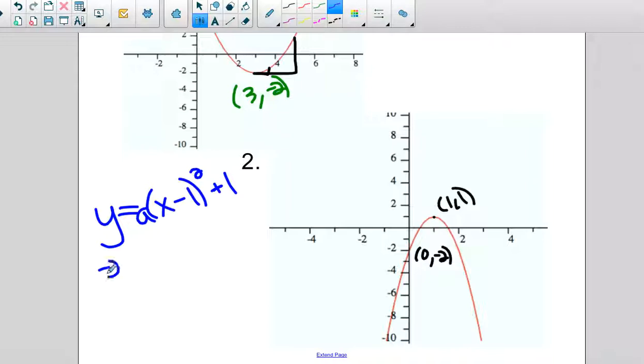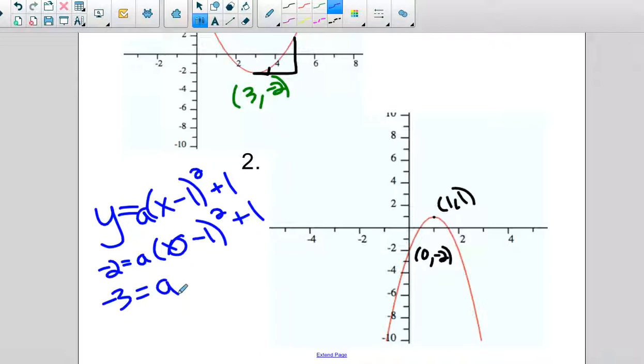So negative 2 equals a, and then x, oops, sorry, not x, I want to use 0. 0 minus 1 squared plus 1. And basically, if I subtract the 1 off, I'll get negative 3 equals 0 minus 1 squared is just going to be 1, so negative 3 equals a.